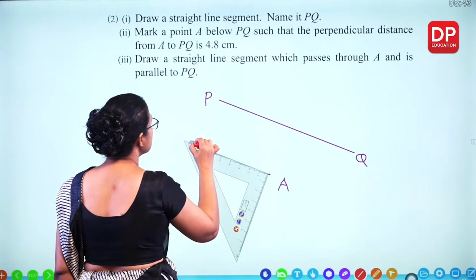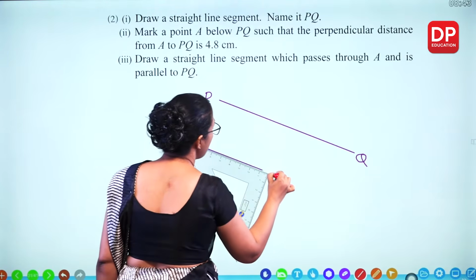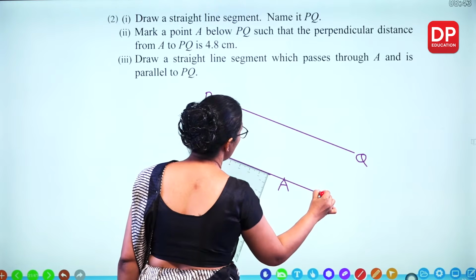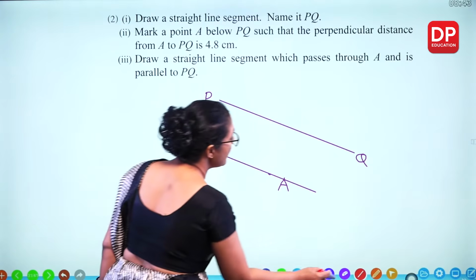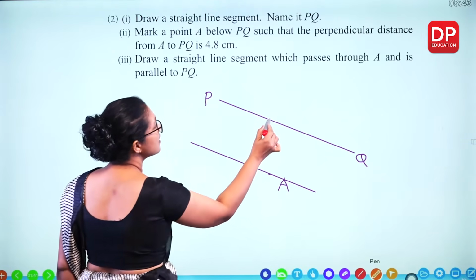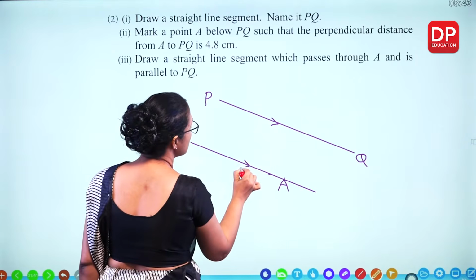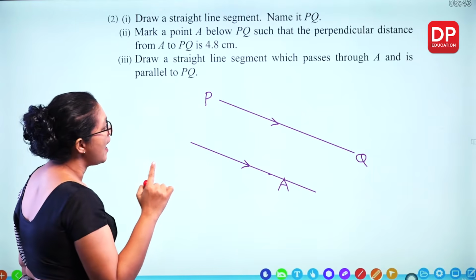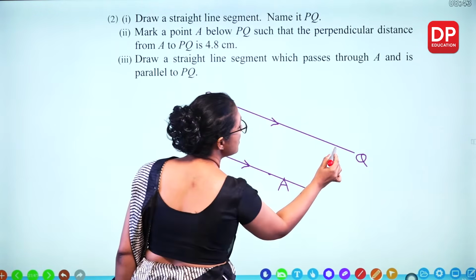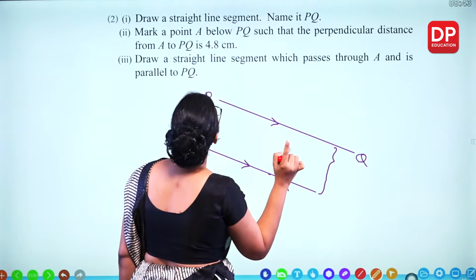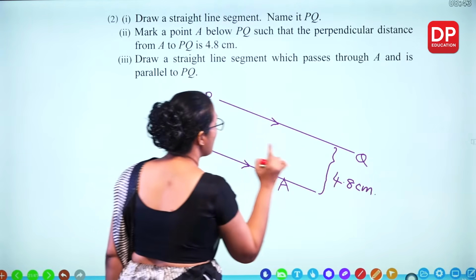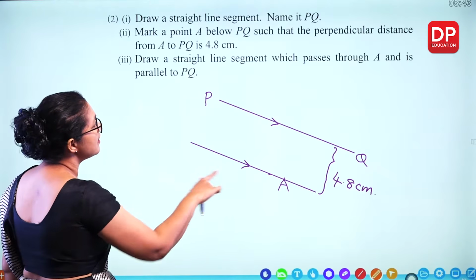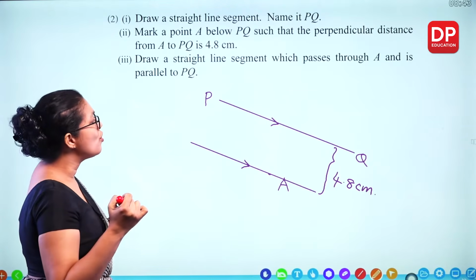So this line passes through point A and is parallel to PQ line. So you can mark it. This is parallel and the distance between these two is 4.8 centimeters. And the line is parallel to PQ.